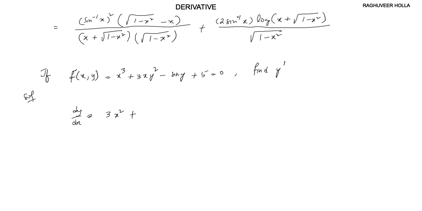Now dy by dx is equal to, this is 3x square plus, we have x and y term here, so this will be 3, okay, and (x times 2y dy by dx plus y square, differentiation of x is 1) into 1, right, minus, this is cos y, and this is dy by dx, and the constant which is 0, which is equal to 0, right.